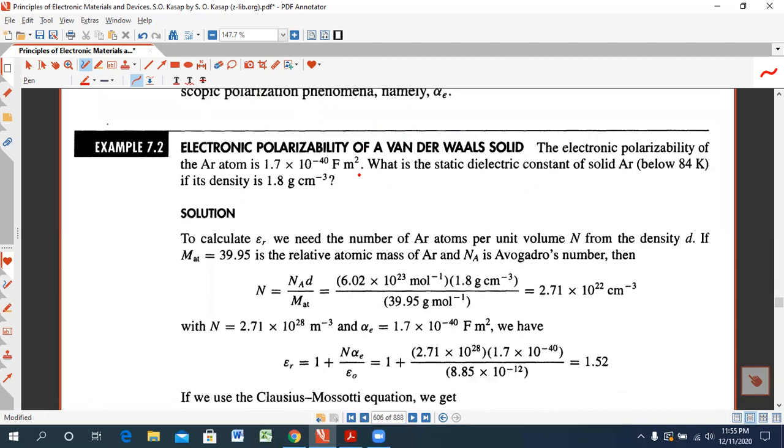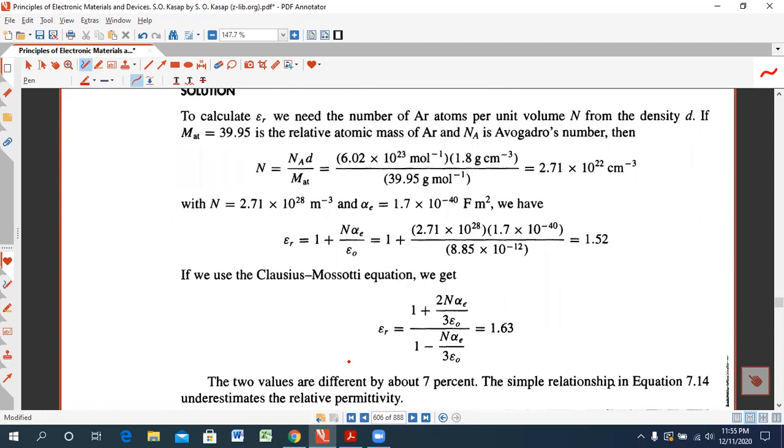Now, the electronic polarizability of the argon atom is given like this. What is the static dielectric constant? You are asked to find out epsilon r. If you look at this equation, it has a single epsilon r.